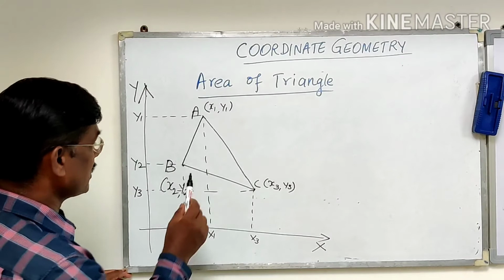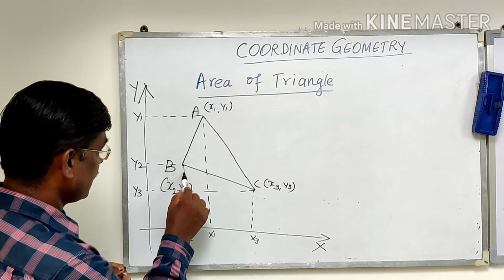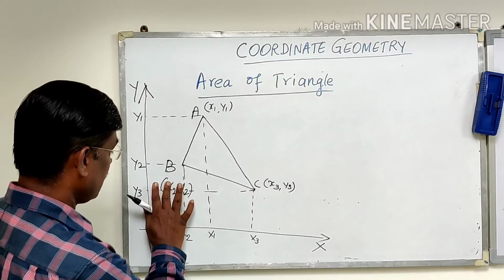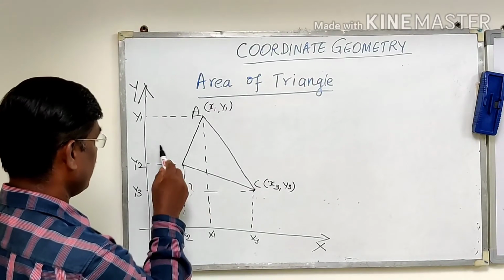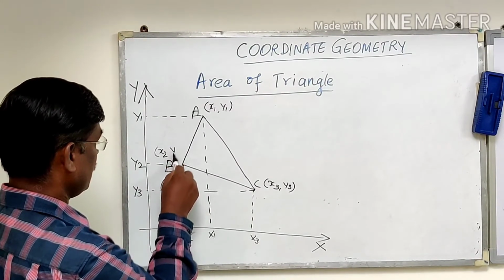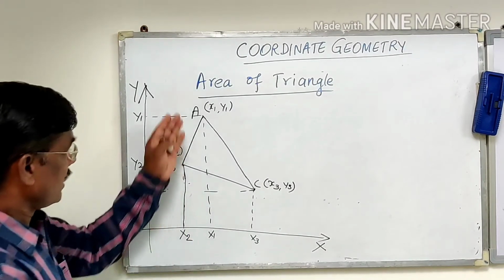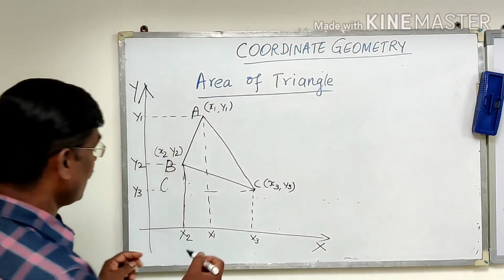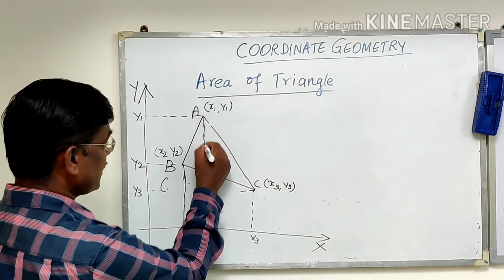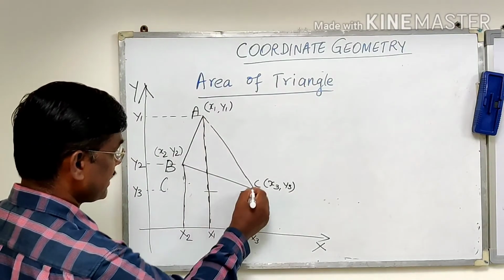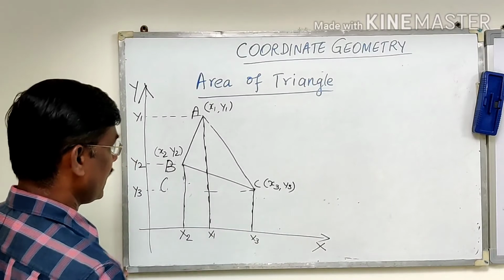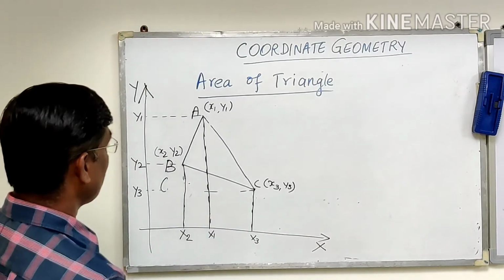So now let us draw thick lines. Let us draw perpendicular lines from the vertices to the x-axis, right? To the x-axis, and we will mark.